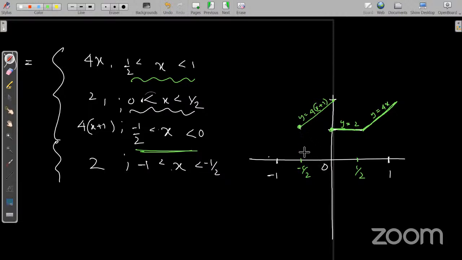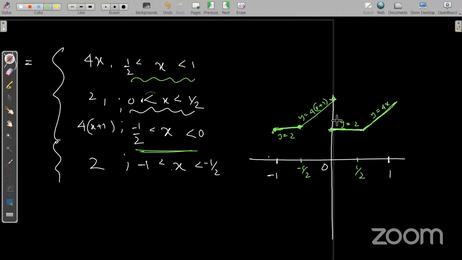And then when x belongs to minus 1 to minus 1/2, f of g of x is equal to 2. So this is y is equal to 2.